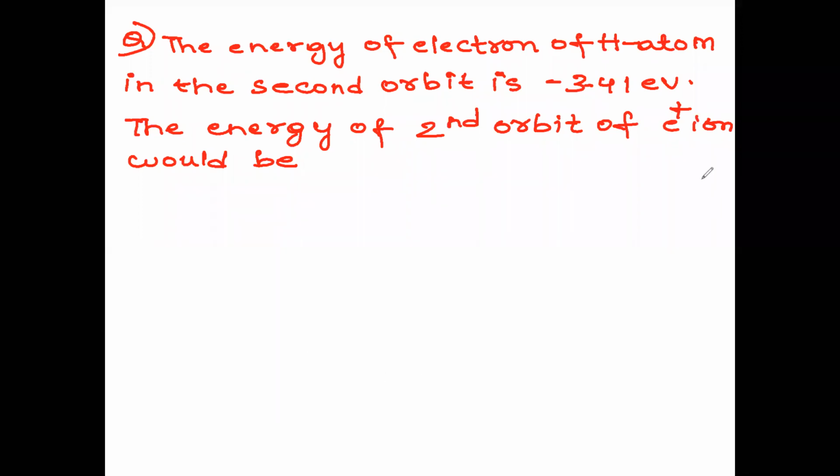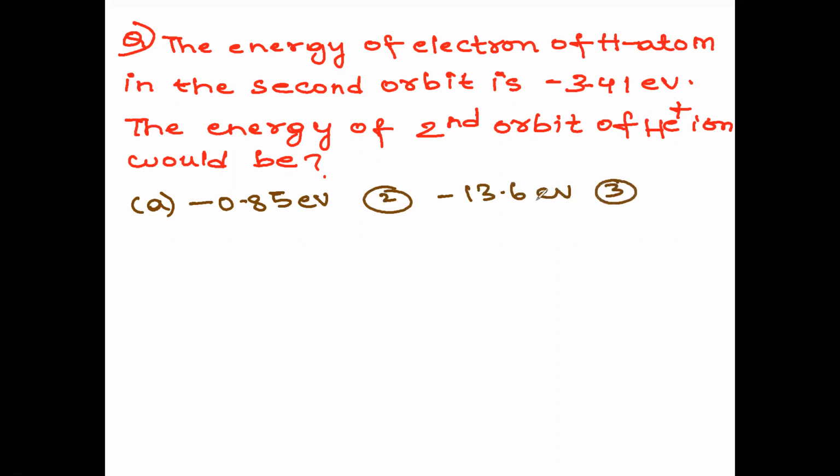First option, minus 0.85 electron volts. Second option, minus 13.6 electron volts. Third option, minus 1.70 electron volts. And fourth option, minus 6.82 electron volts.